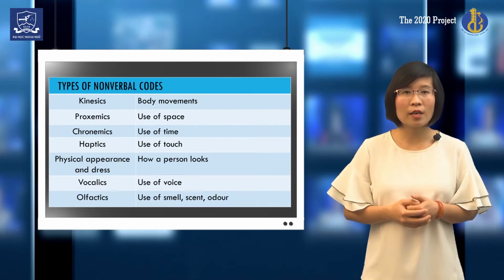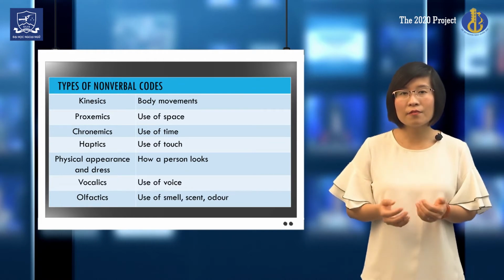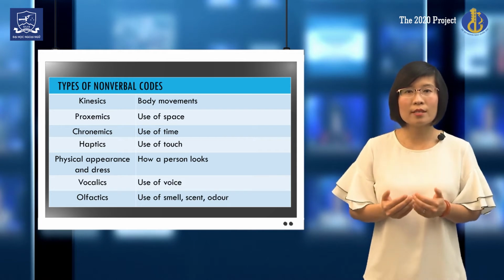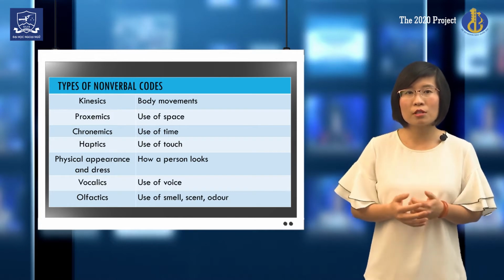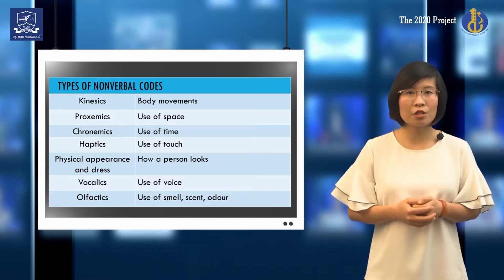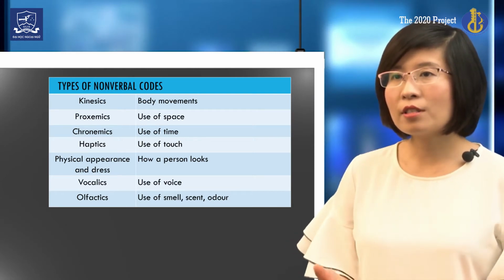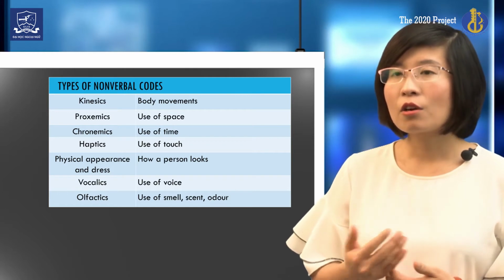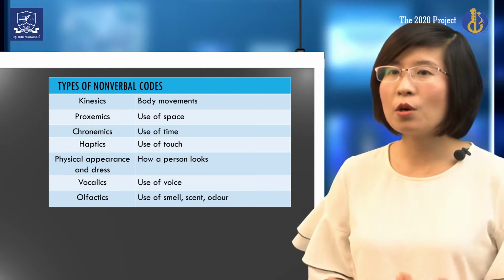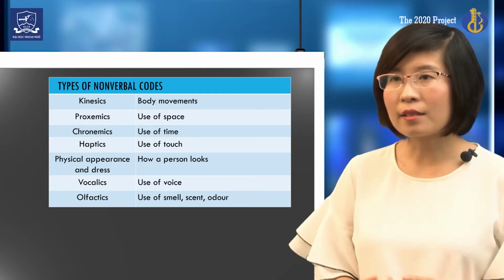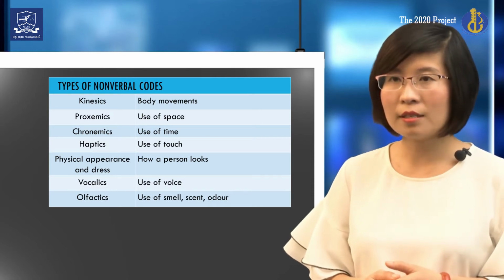It is impossible to categorize all the different types of nonverbal codes. In these video lectures, we are reviewing 7 types of nonverbal codes which are argued to be most relevant to intercultural communication. They are kinesics or body movement, proxemics, the use of space, chronemics, the use of time, haptics, the use of touch, physical appearance and dress, vocalics, the use of voice, and olfactics, the use of smell, scent, and odor.